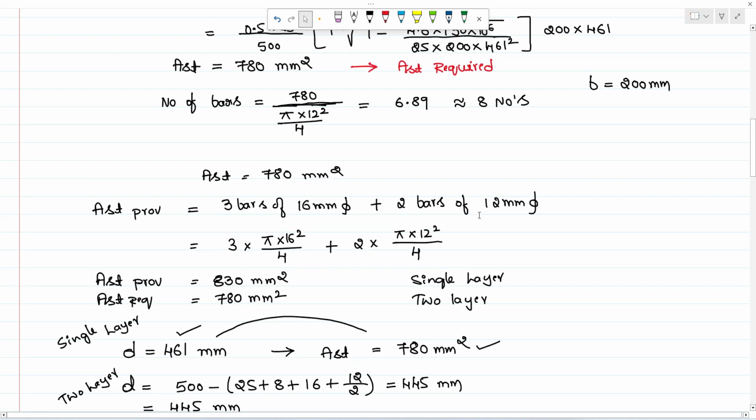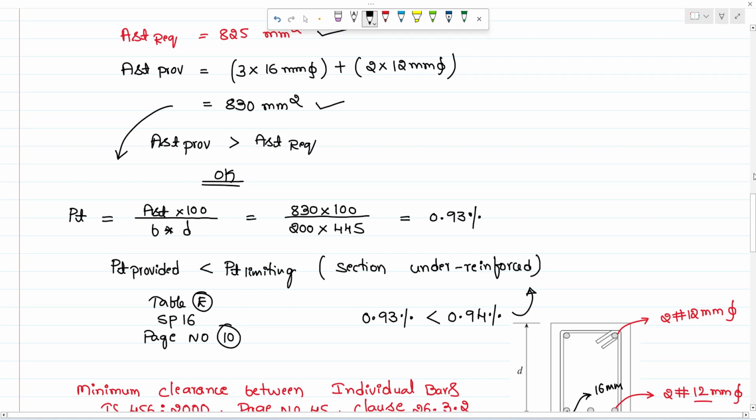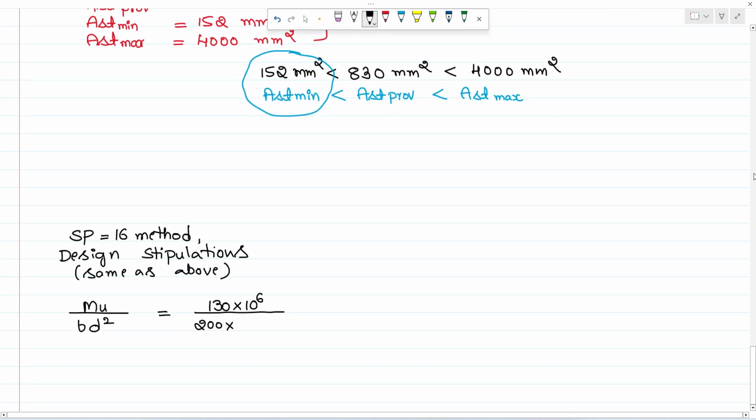So what is the new effective depth you calculated? I think it is this one, 445, because you are providing the reinforcement in 2 layers. So 445. So 445 square, so first let me calculate this value.